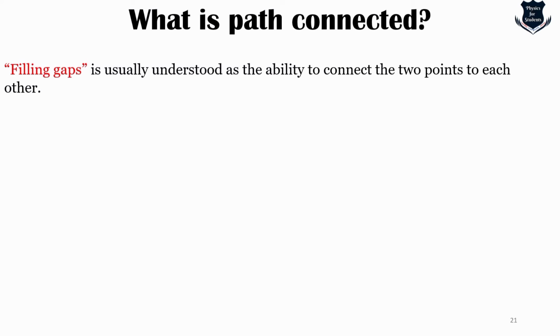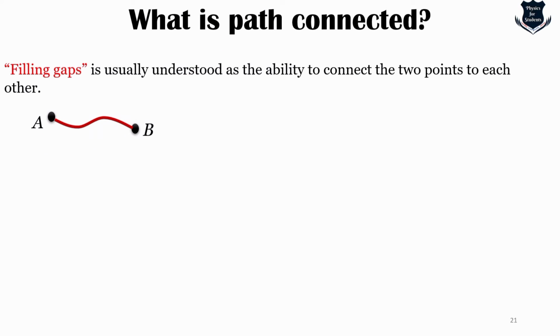Okay. Now, filling gaps. When we are trying to fill up those gaps, it can basically be considered as an ability or capacity to connect 2 points to each other. Now you understand that when there are 2 points, we can fill up the gap, or connect them by filling through a curve. But what about the other things?